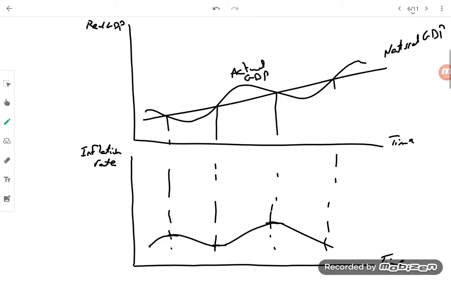So it can be realized that when actual GDP is lower than natural GDP, the inflation rate is decreasing or slows down. While when actual GDP is greater than natural GDP, the inflation rate is increasing or speeds up. And so on.